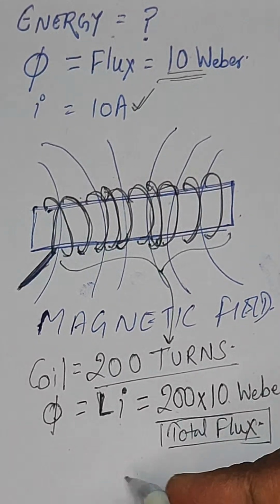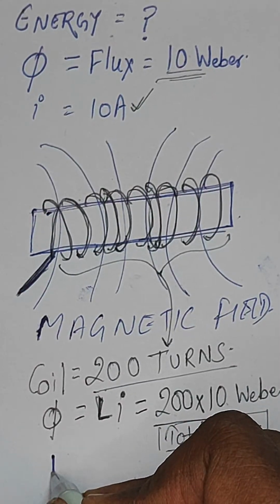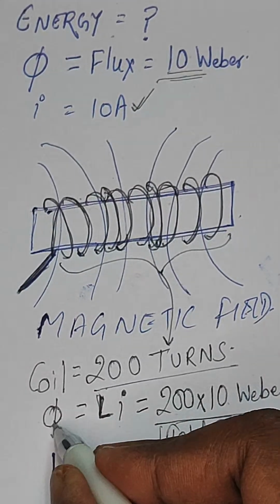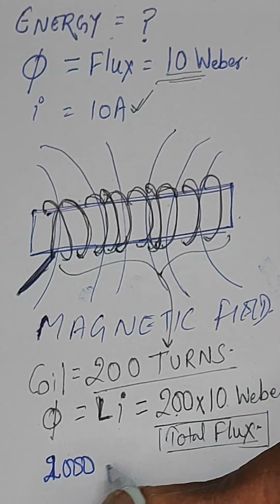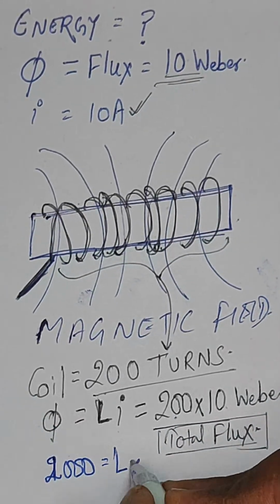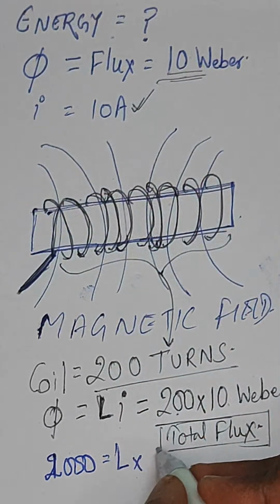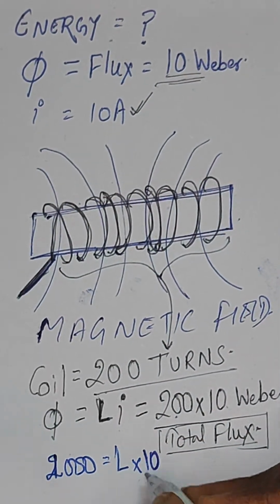What is the value of L? If you put the value of phi as 200 into 10, this becomes 2000 equal to L into I, equal to 10, right?